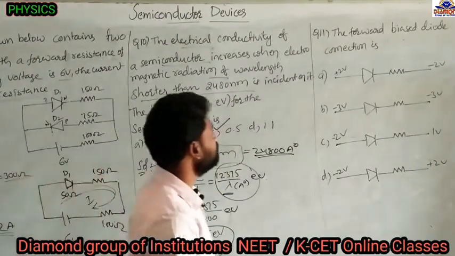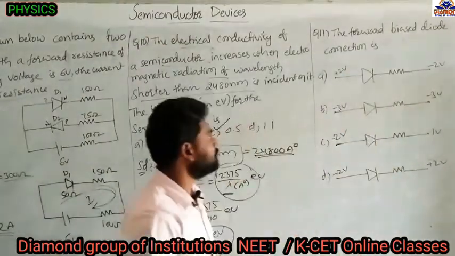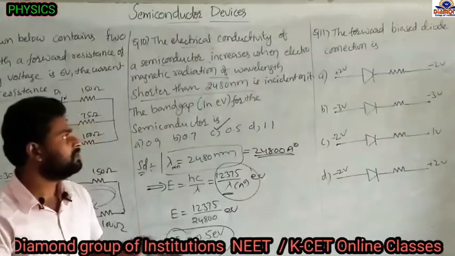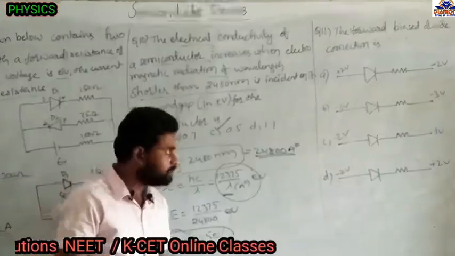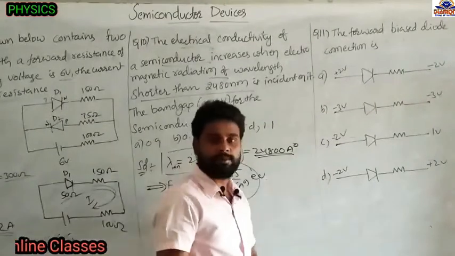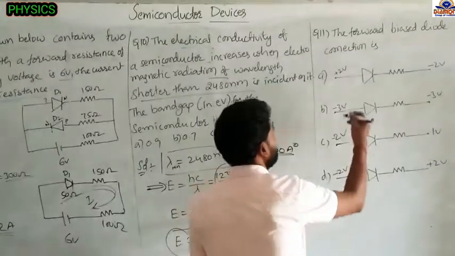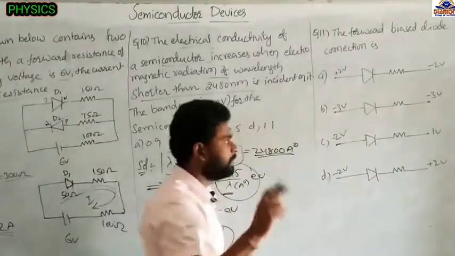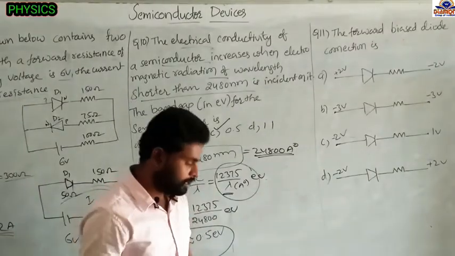Next, the forward biased diode connection. They have given 4 options, and in these 4 diodes we have to identify which is in forward bias. We can expect this type of question in the NEET exam. Forward bias means P is connected to the high potential and N is connected to the low potential.